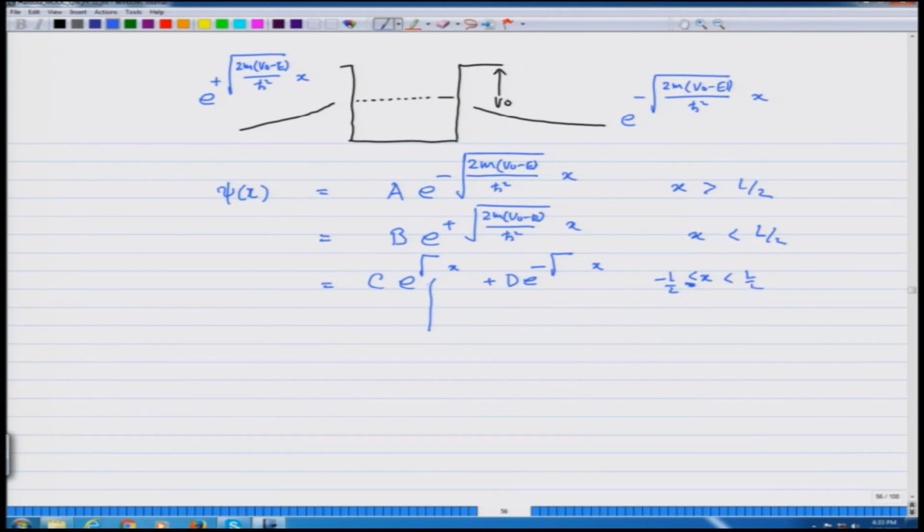What is inside the square root is 2 m E over h cross square.